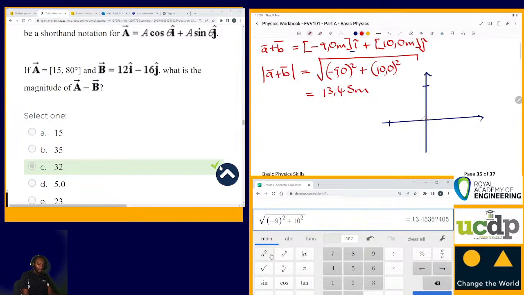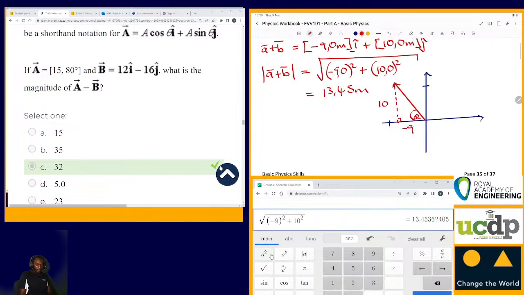So if we were to sketch, we should have something like that. Then we can make our right angle triangle there, and we can make this angle theta, and on our x-axis we've got negative 9, and here we've got 10, right?